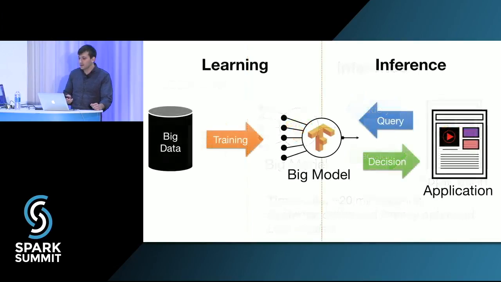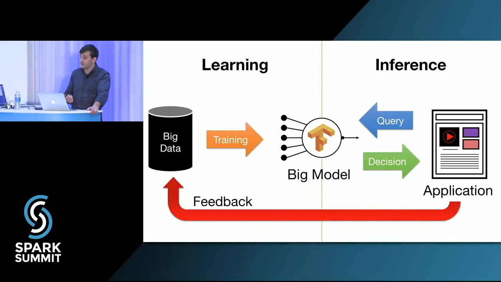And then finally, our predictions don't just disappear into the ether. They go and they hopefully influence real things happening. And we can observe the results of making these decisions and gather feedback and use that to further refine our machine learning models and improve our accuracy.